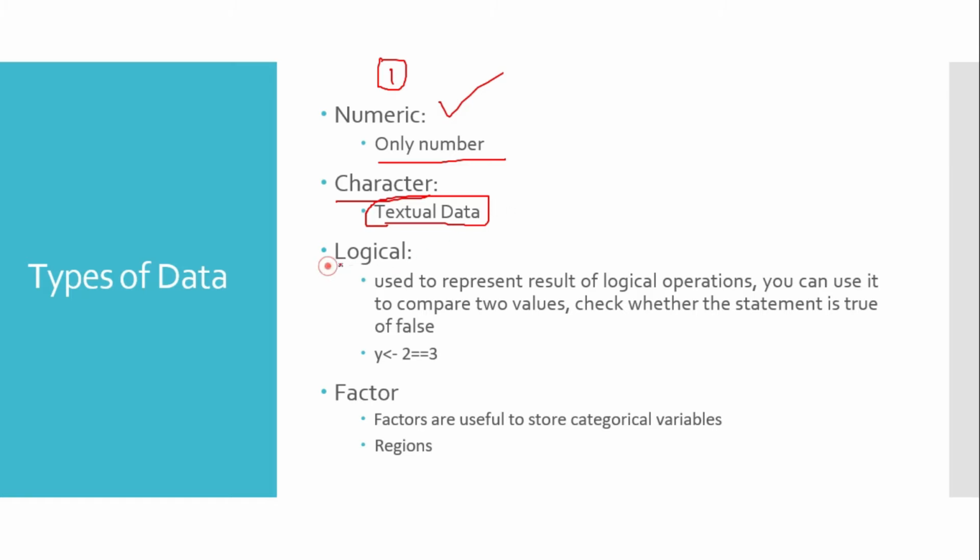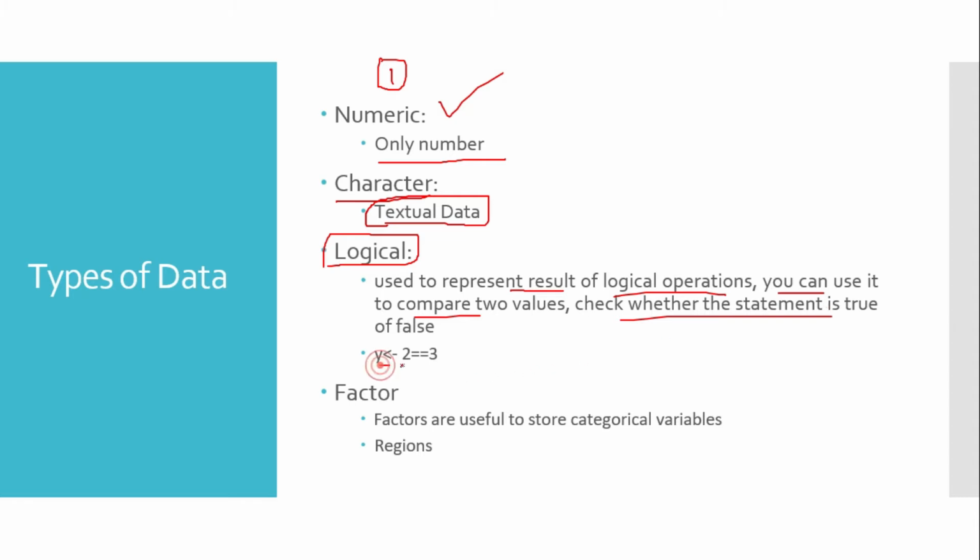The third one, a very important and a little bit difficult one, is logical data. Logical data is basically the result of a logical operation. You can use it to compare two variables and check whether the statement is true or false. So logical data usually comes in the shape of TRUE or FALSE.